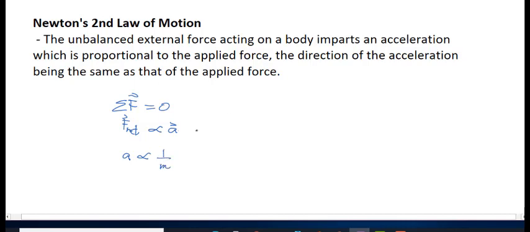So again, F net is proportional to the acceleration, meaning the greater the F net, the greater the acceleration, or the rate of change of the body's motion, provided that F net is not equal to zero. And the acceleration is inversely proportional to its mass, meaning for greater mass, the lesser the acceleration of the body. And take note, we need to emphasize that the acceleration and net force should be in the same direction.